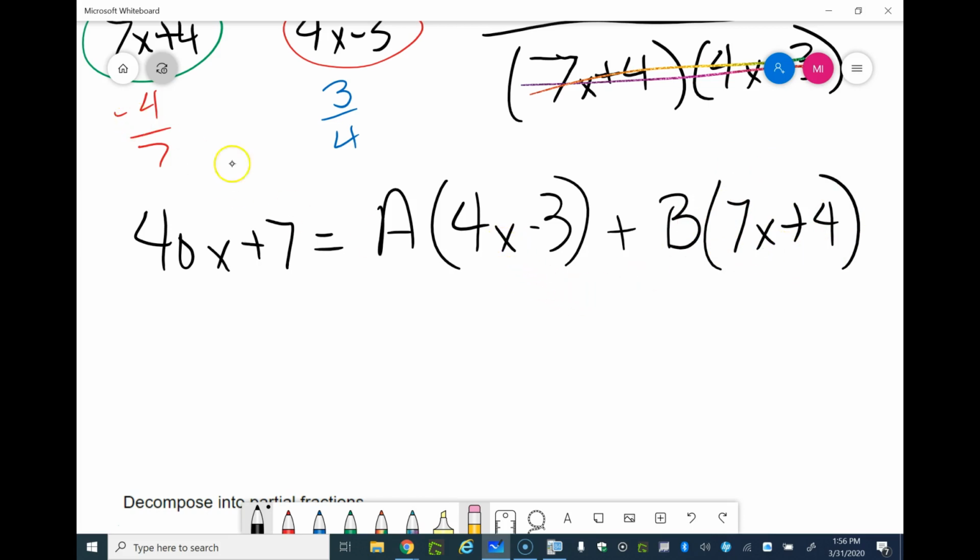So basically all I'm doing is really plugging it into this one and this x to figure out what my answer should be.